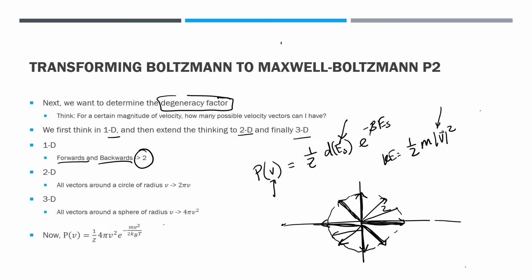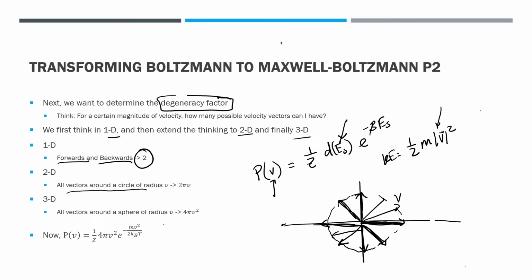So basically, if I look at all the vectors going 2 meters per second in a two-dimensional plane, I end up getting a circle. The circle has radius 2 in this case, but in a general case, it will have the radius magnitude of v, or I'll just call it v.